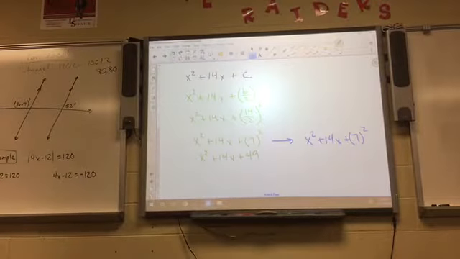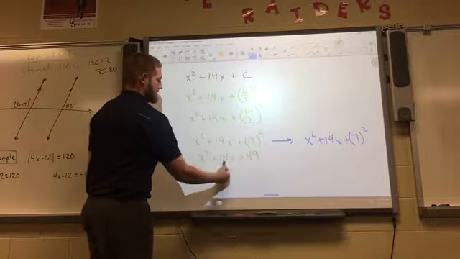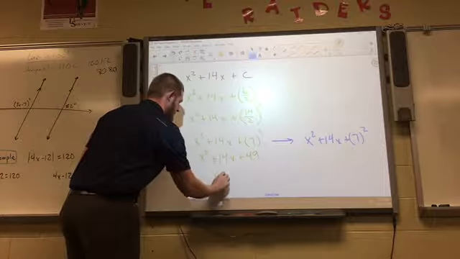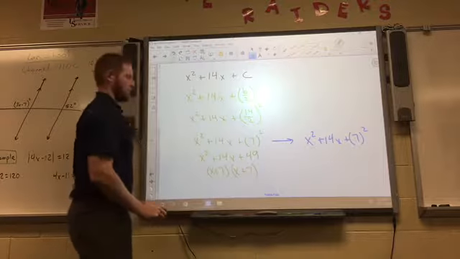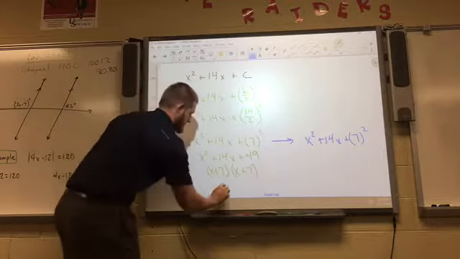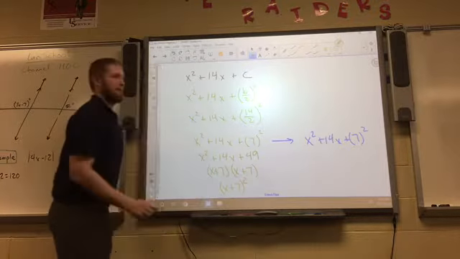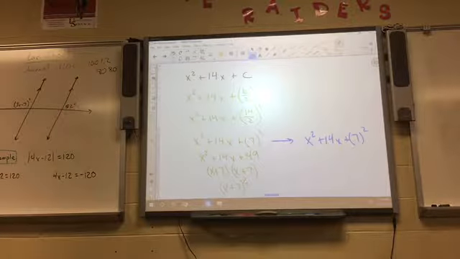What multiplies to 49 but adds to 14? 7 and 7. So I have x plus 7, x plus 7, which I can rewrite as x plus 7 squared. Okay? And we completed the square and we factored it all the way out.